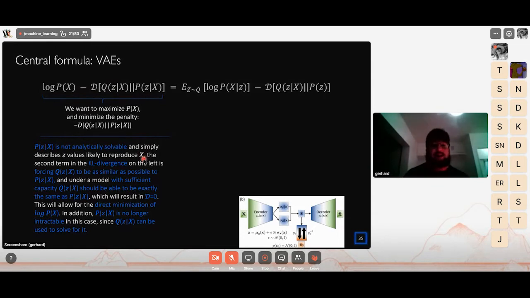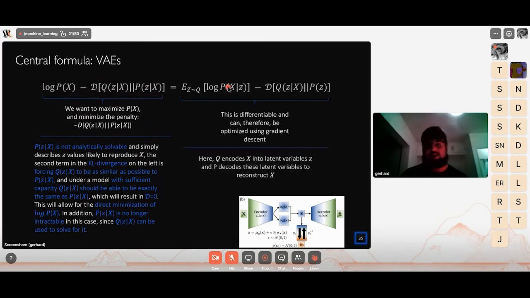So it simply describes Z values likely to reproduce X. But the second term on the left is forcing Q of Z given X to be as similar as possible to P of Z given X. And on a model with sufficient capacity, it should be able to be exactly the same as P of Z given X. So once we've minimized this KL divergence term, we can then start maximizing this probability directly. And that makes P of X given Z tractable.